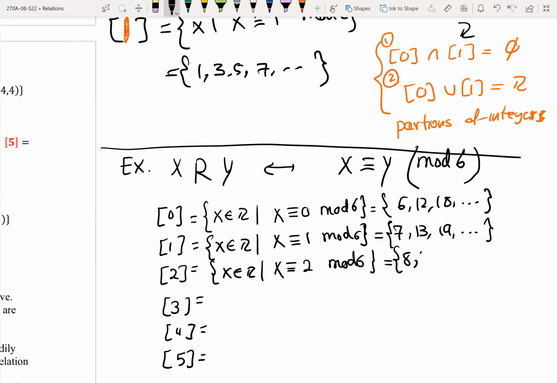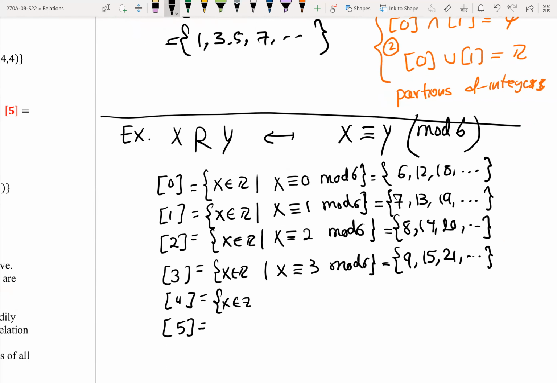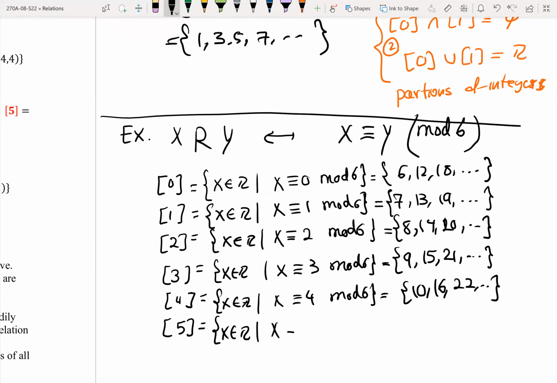So this is for 2, and this is for 3. All elements which have the same remainder as 3 when you divide by 6, all integers which have the same remainder of 4 when you divide by 6, and then all elements which have the same remainder as 5 when you divide by 6.